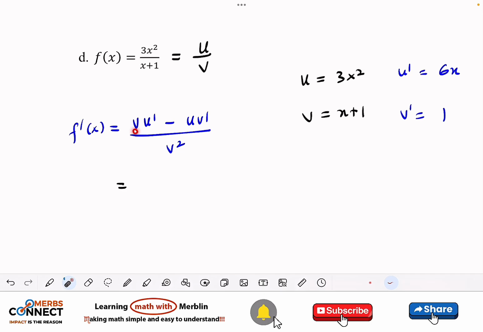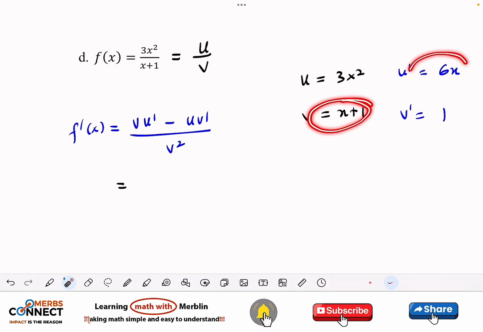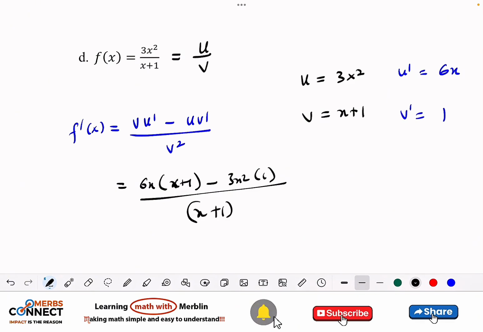So v is here, u prime is also here. So multiply this by that. So I'm going to have 6x times x plus 1 minus u times v prime, I'm going to have 3x squared times 1, divided by v squared, what is x plus 1 squared.